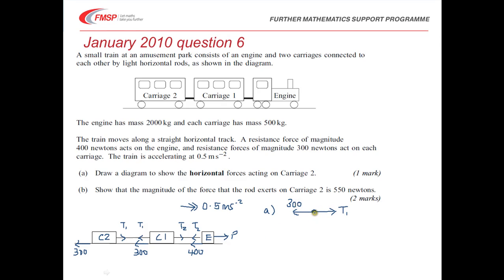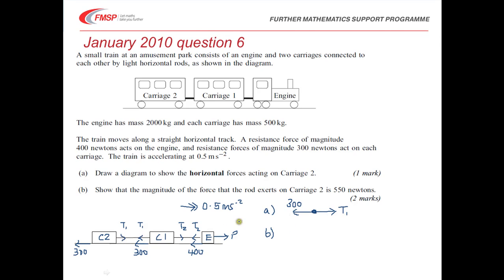So that's all we need to do in part A. It's only carriage 2. And in part B it says show that the magnitude of the force that the rod exerts on carriage 2 is 550 newtons. So that's this T1 force. That's the force in the rod which is exerted on this carriage.